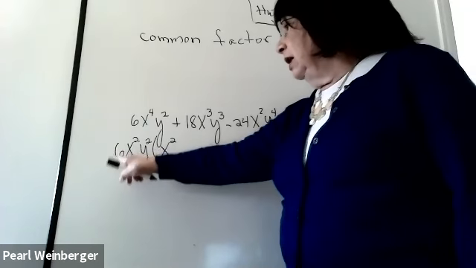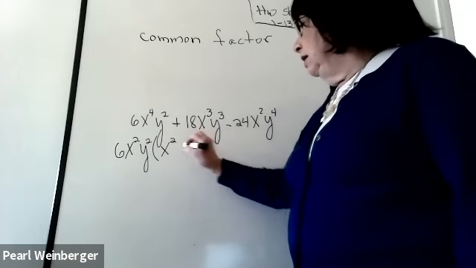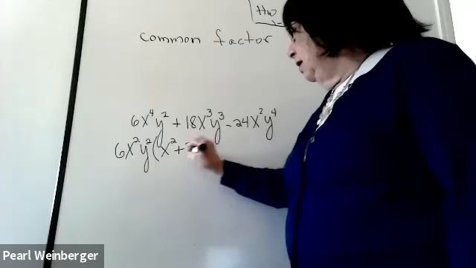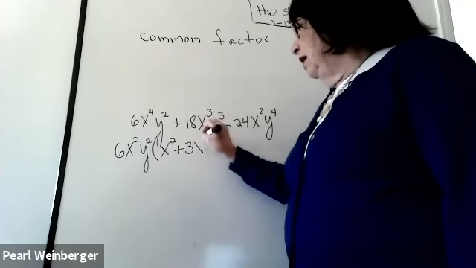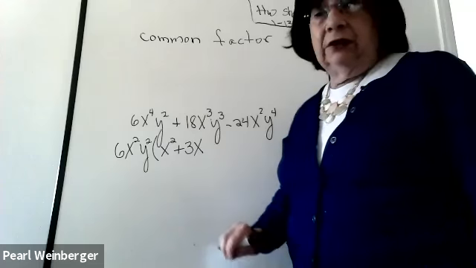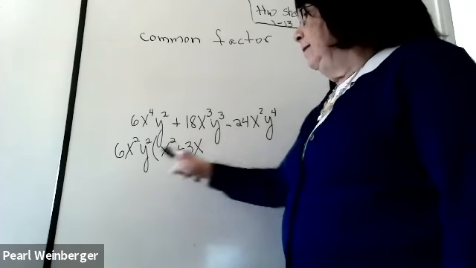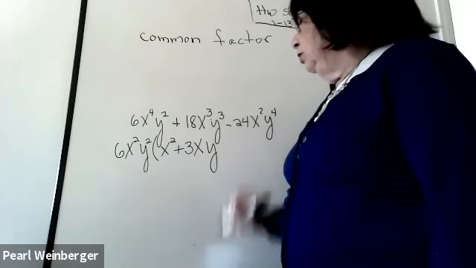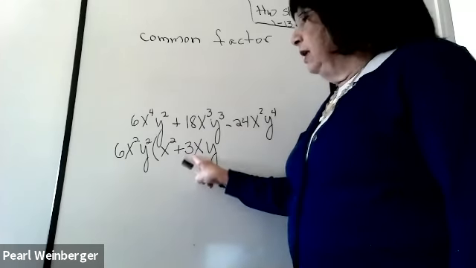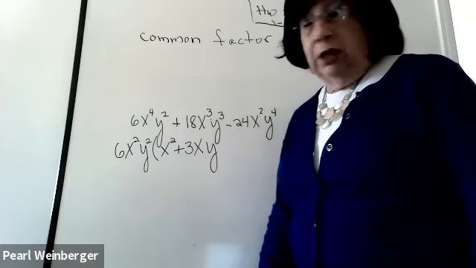Now I take the second term. 6 into 18 is plus 3. X squared into x cubed is x to the 1, or just plain x, because 3 minus 2 is 1. Y squared into y cubed is y to the 1, or just plain y. So my next term becomes 3xy.